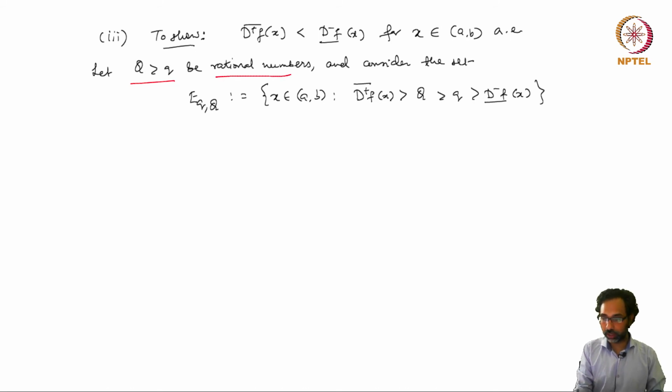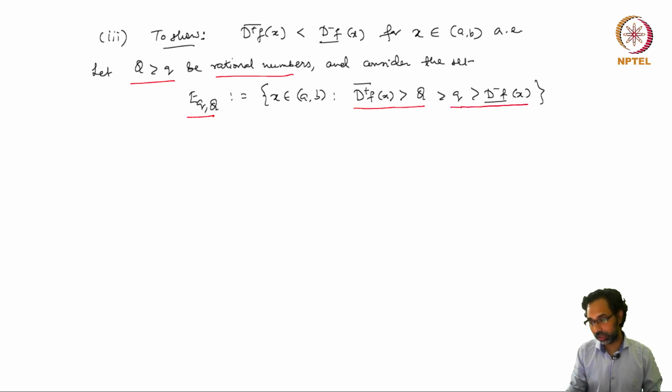So these are rational numbers, and we consider the set E_{q,Q}, which is the set of all x in (a, b) for which the upper Dini derivative for the positive side is greater than Q. This capital Q is less than small q, and this is greater than the lower Dini derivative on the negative side.